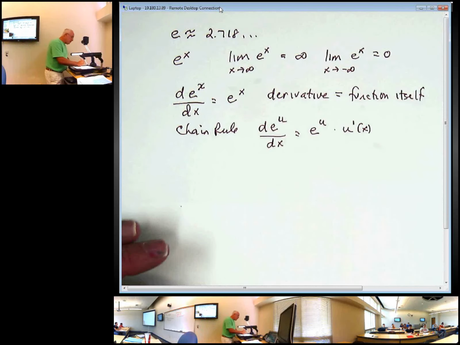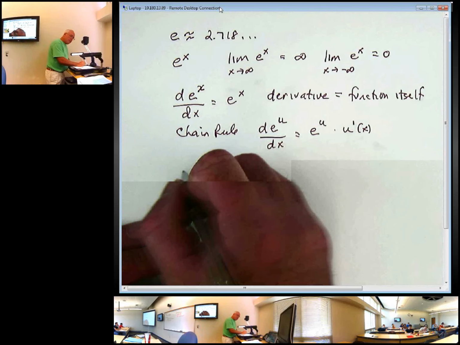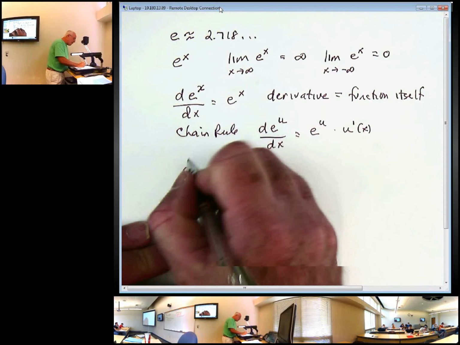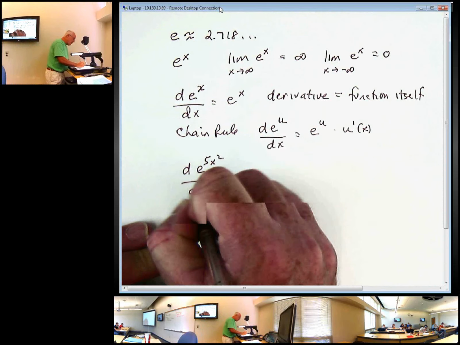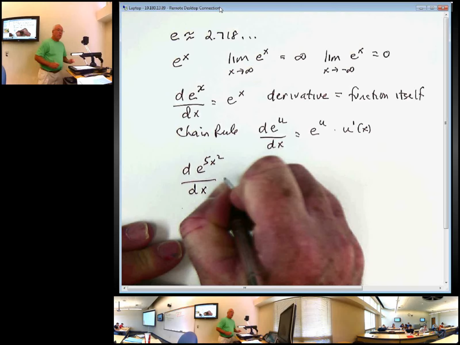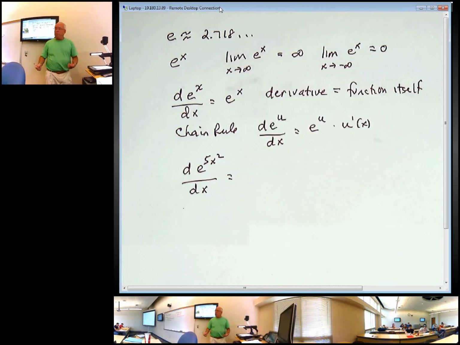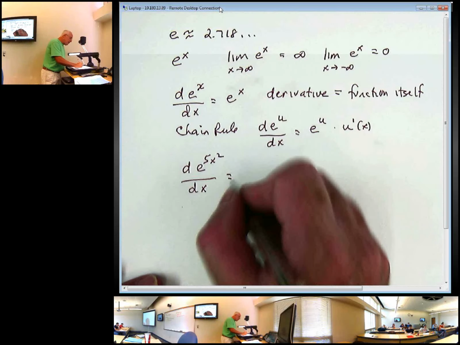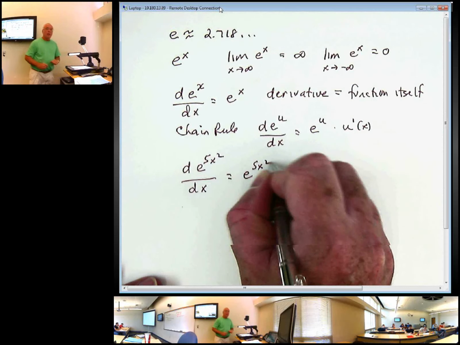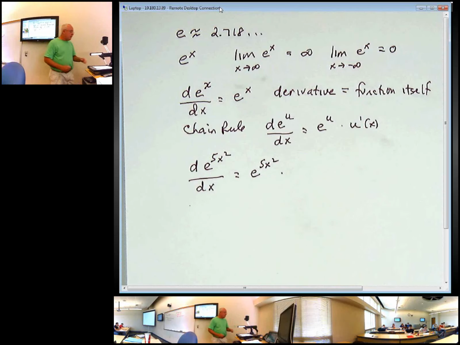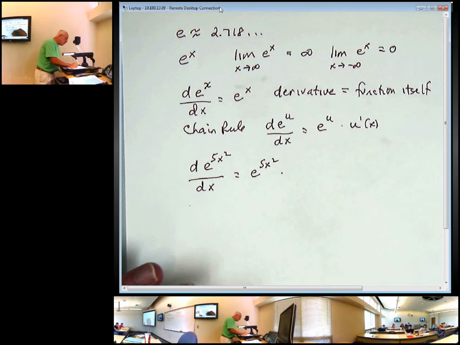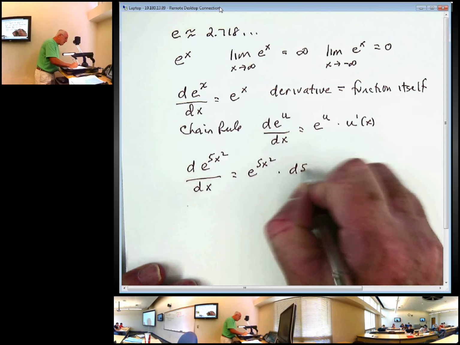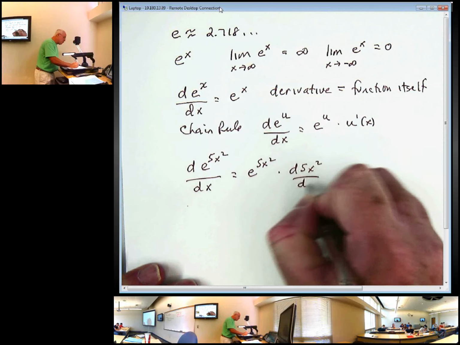So let's look at the derivative of e to the 5x squared power with respect to x. All right, with the chain rule, we just repeat our exponent function, e to the 5x squared. But we're not finished. We have to then take times the derivative of the inside function, 5x squared.